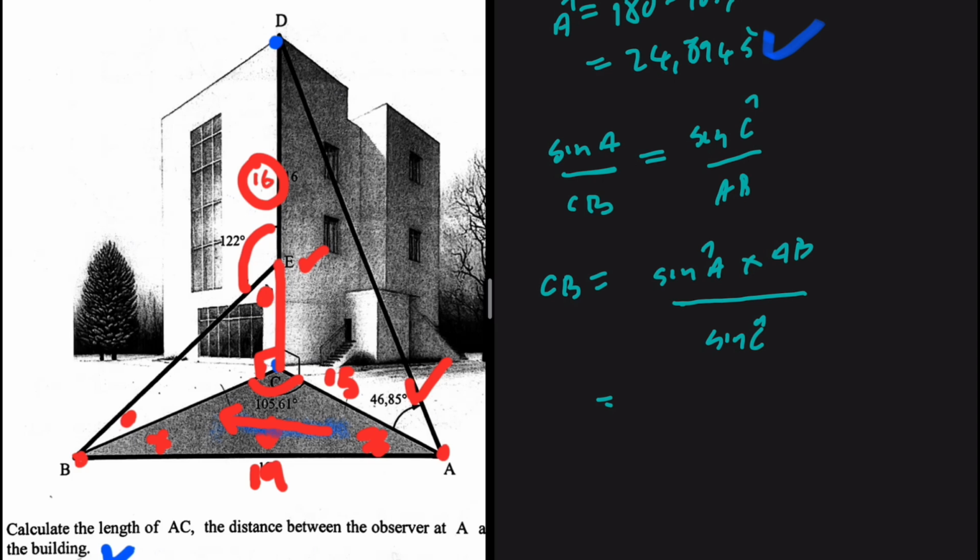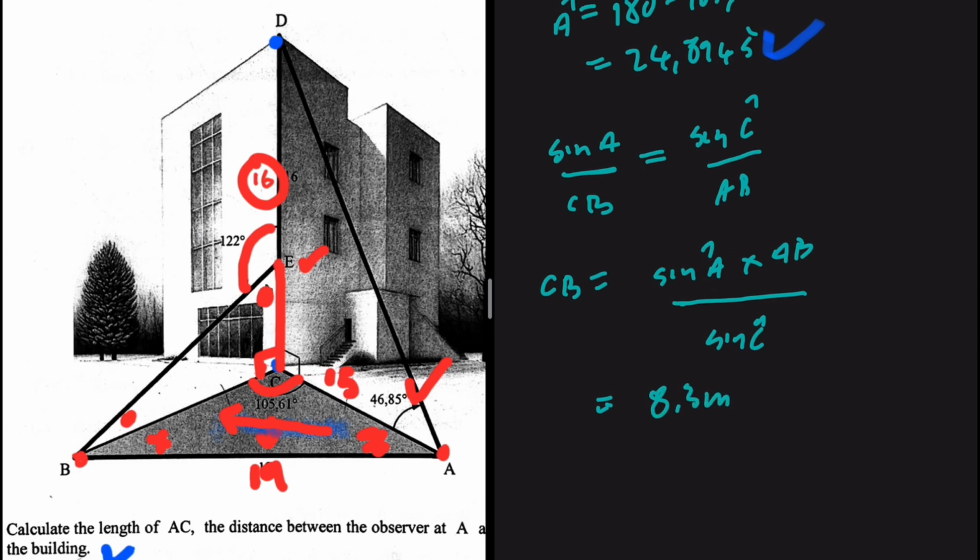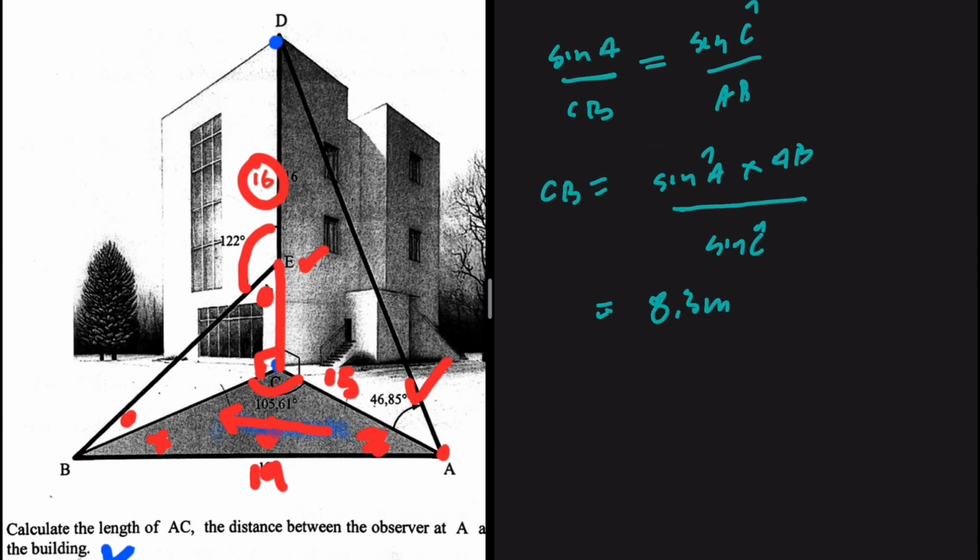Sine of 24.8945 multiplied by AB, which is 19, divided by sine of C, which is 105.61. So CB is equal to 8.3. So we have CB, which is 8.3 meters.